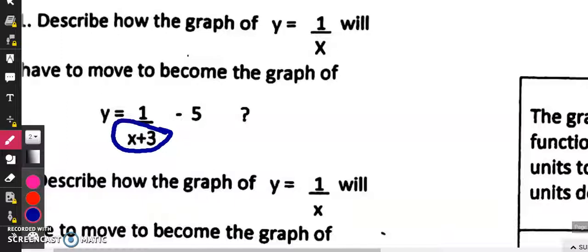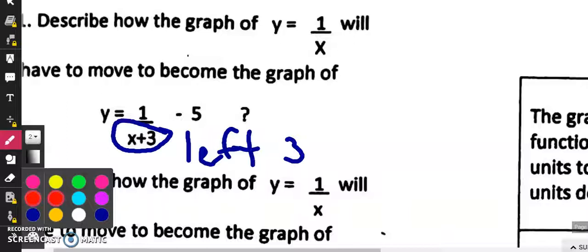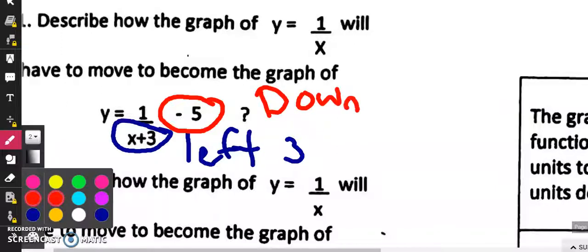So instead of going 3 to the right, to bring positive 3 back to 0, I'm going to need to go left 3 spaces. For the vertical shift, everything does what it looks like it does. So if I see a minus 5 on the end, that means I have shifted down 5 spaces.